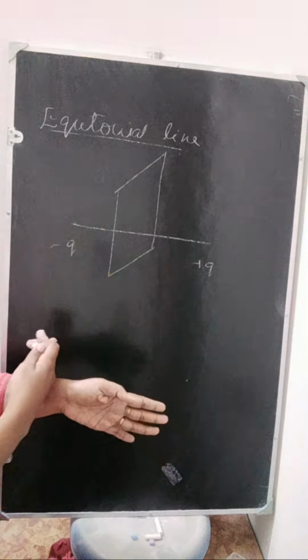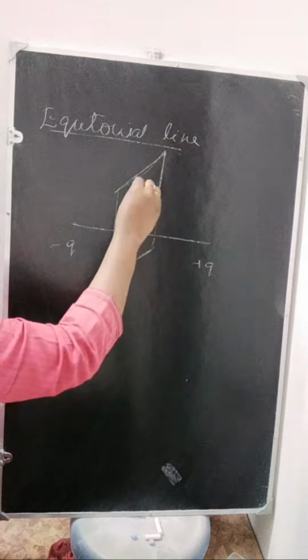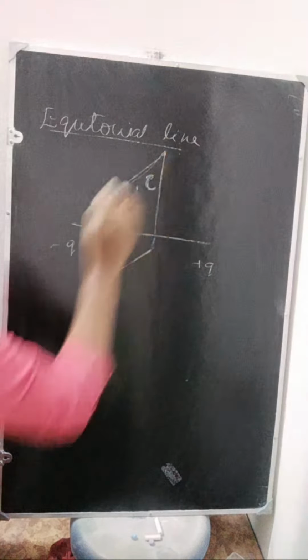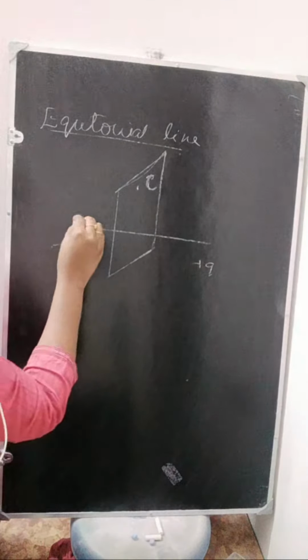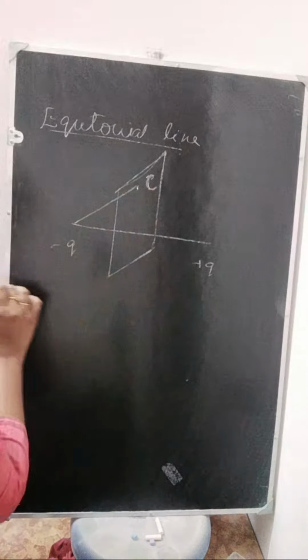As I am indicating, that is a plane. So take a surface which is a plane and take a point on that surface, which is test point C. I am taking the test point C on the equatorial line, then join both, meaning the electric field due to the plus q and minus q we have to calculate.